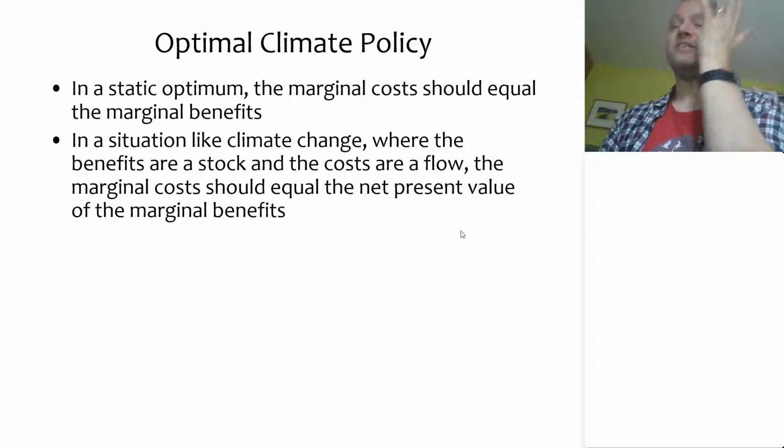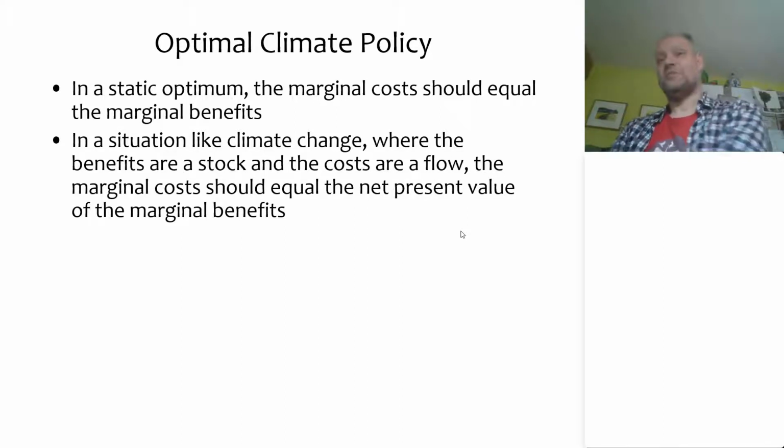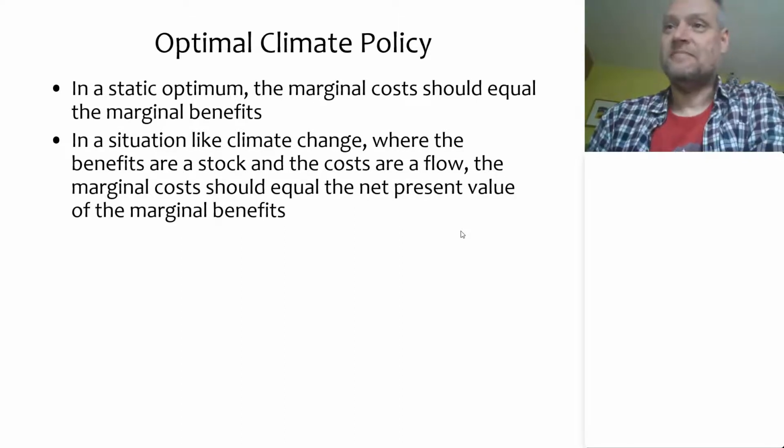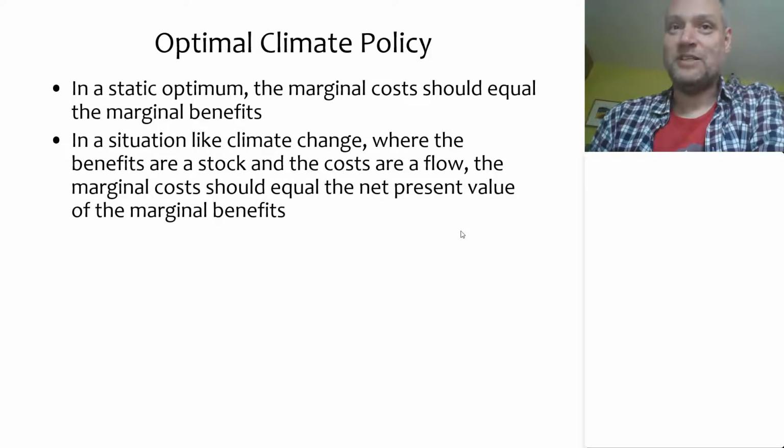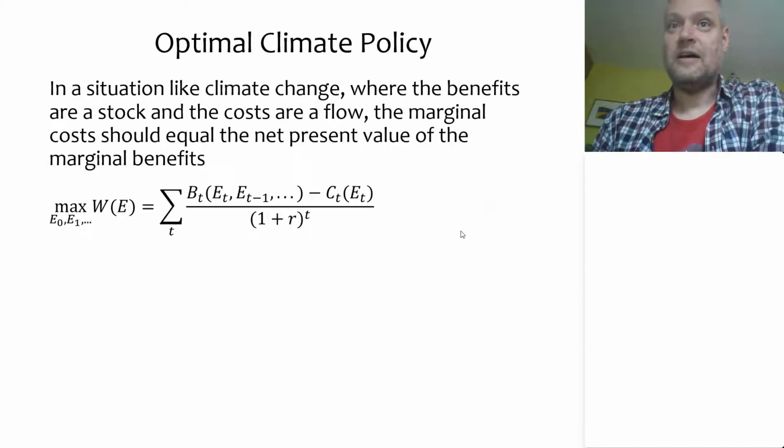And in that representation of the problem, which is a decent approximation, not more than an approximation, but a decent approximation, the marginal costs, because that's a flow, should equal the net present value of the marginal benefits, because that is a stock.